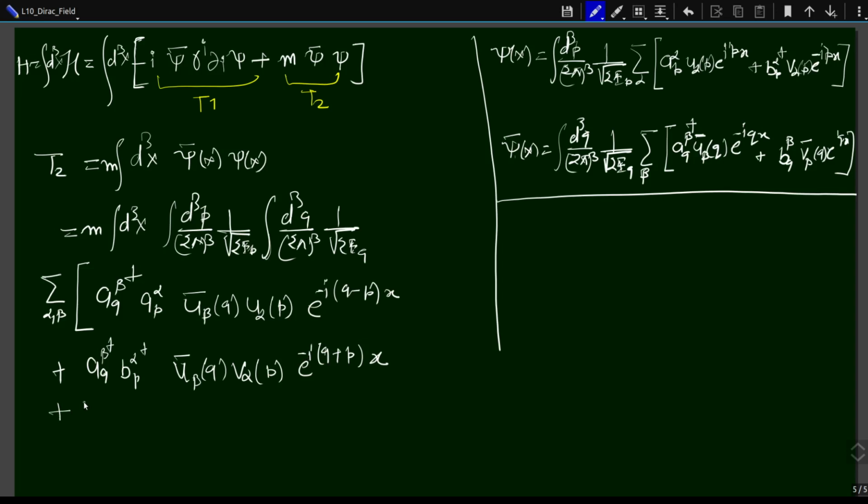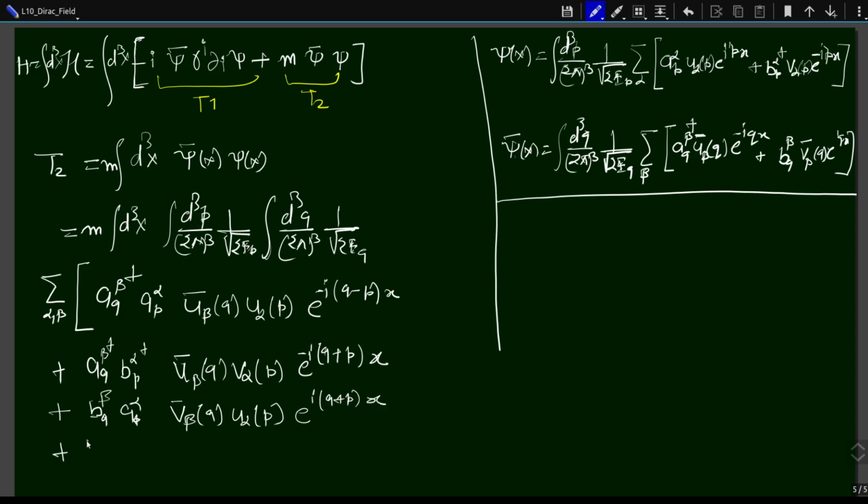Now let's start with the second term in psi bar, which is B Q beta, and the first term of psi, which is A B alpha, and you have V bar beta Q U alpha B exponential I (Q plus P) x.